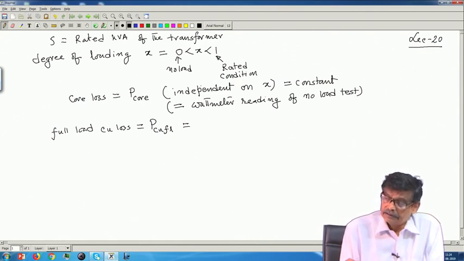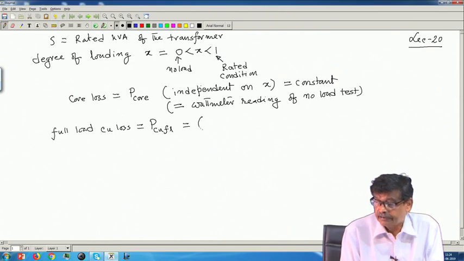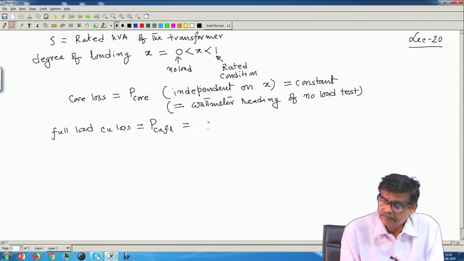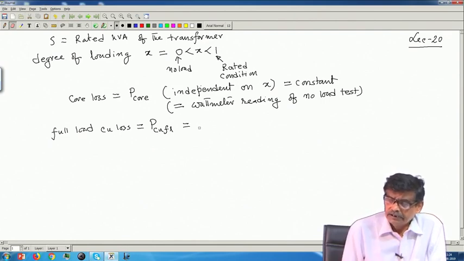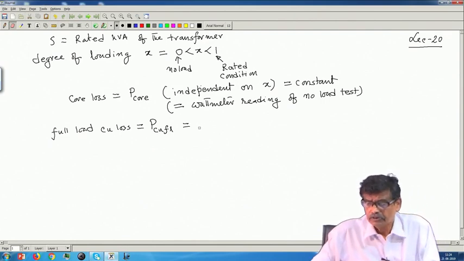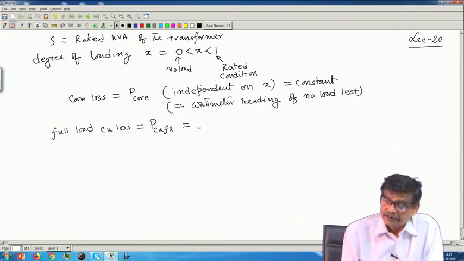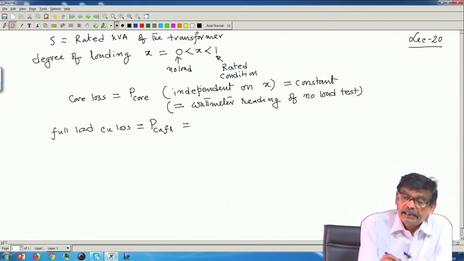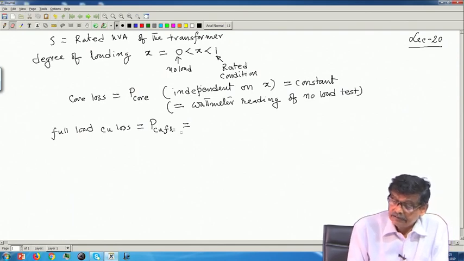Full load copper loss is a constant thing. When the coils are carrying full load current, what is the total copper loss? This is constant.